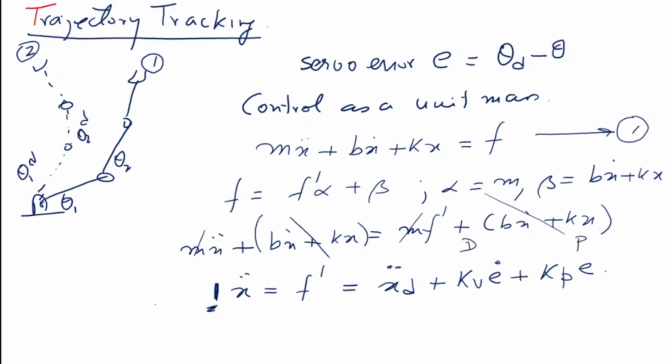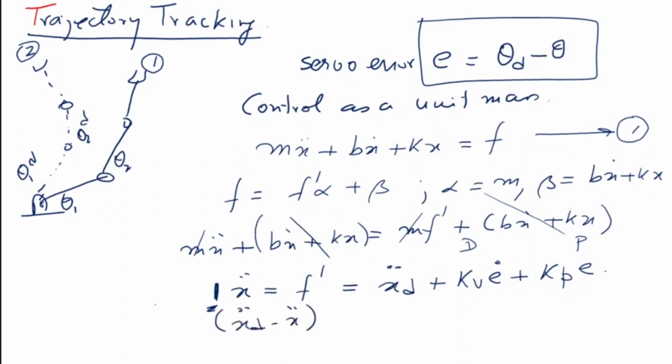So this is PD, but you'll notice that this is in E now, and E is the servo error. If I bring x double dot to this side, it becomes x double dot d minus x double dot plus kv into E dot plus kp into E equals 0. And this becomes my E double dot plus kv into E dot plus kp E equals 0.